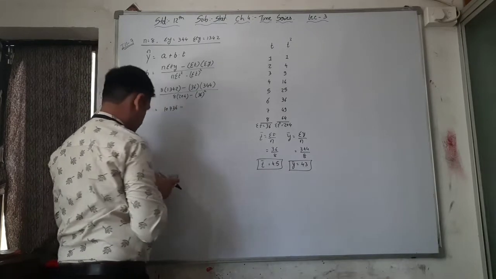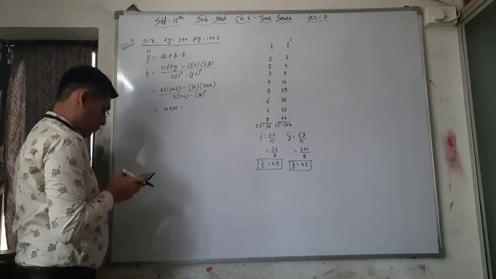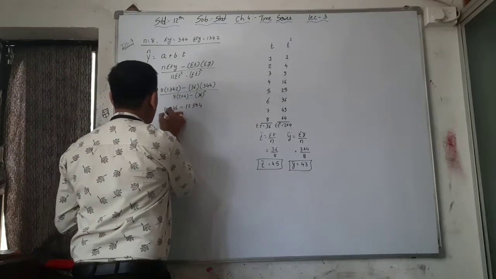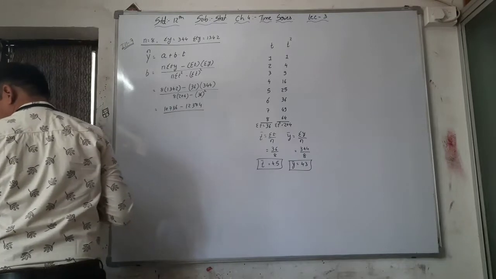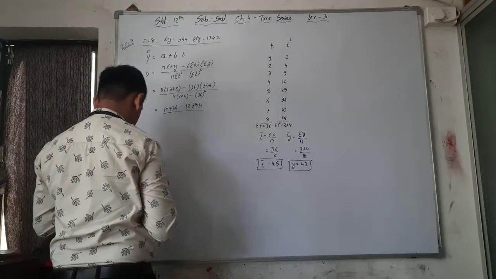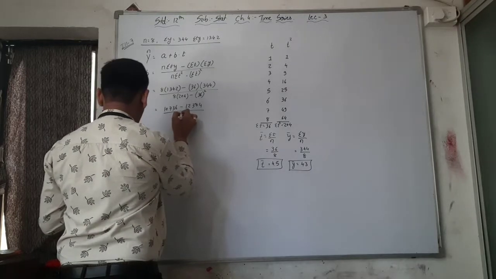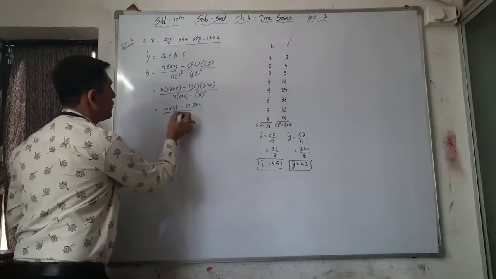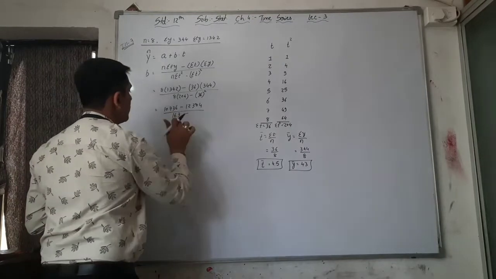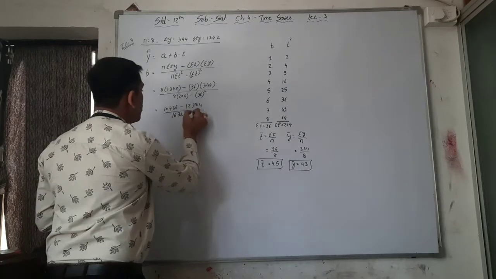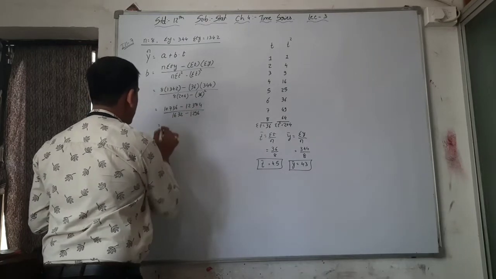10,736 minus 12,384. Okay, 8 into 204 is 1,632, minus 36 whole square, 1296.